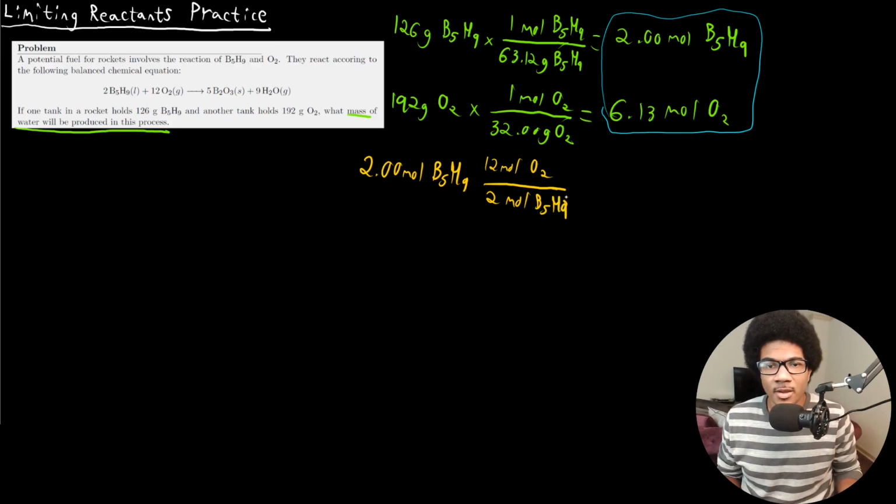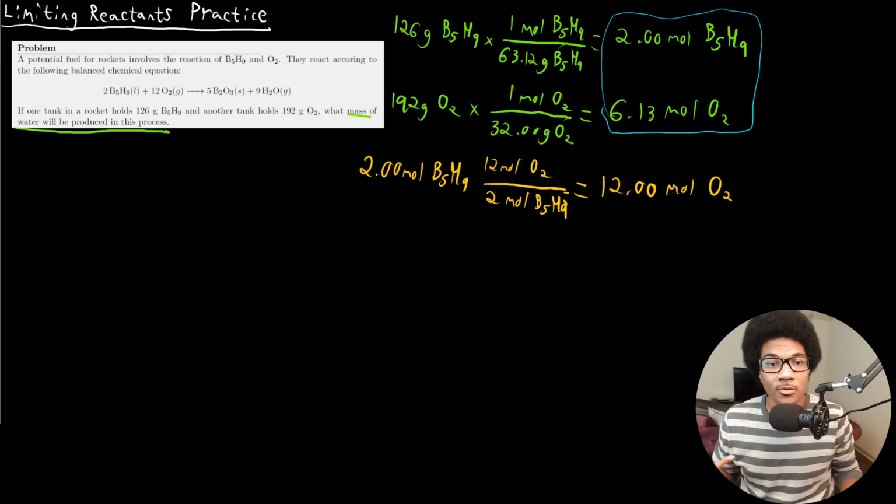Now, like I said before, you could reduce this fraction if you want to. This is a 6-to-1 ratio, but just for the sake of these problems, I'm going to keep them the same as the stoichiometric coefficients that appear in the chemical equation. Okay, so that gives us 12 moles of O2 that is required to consume all of the pentaborane that we have.